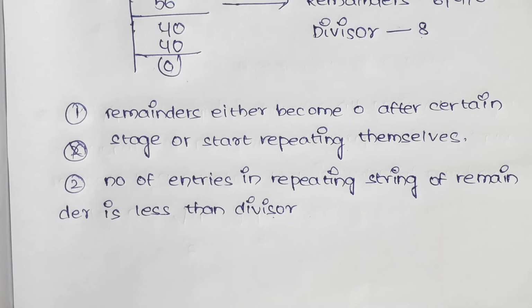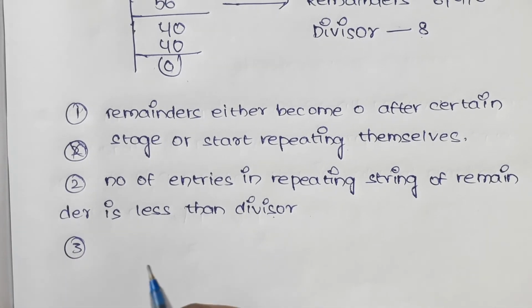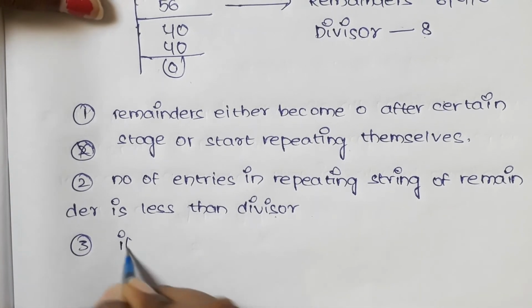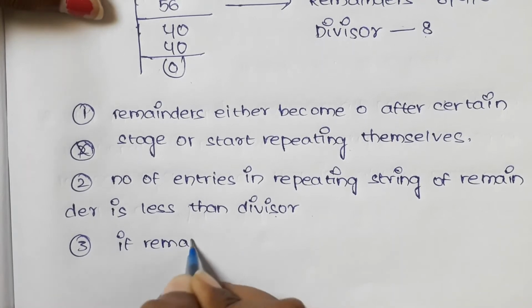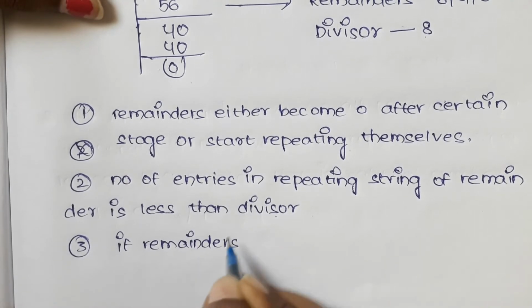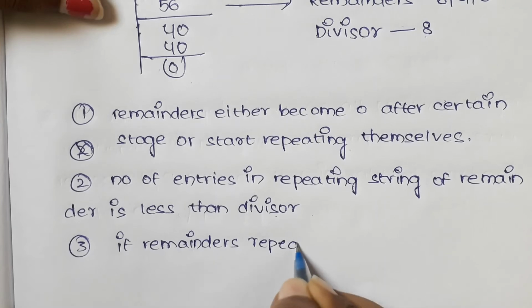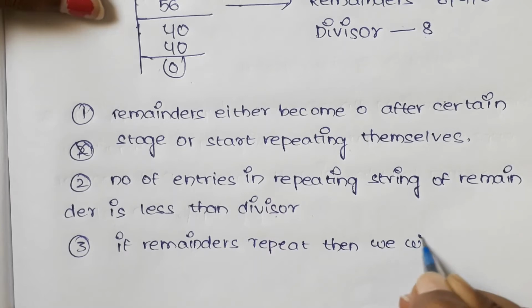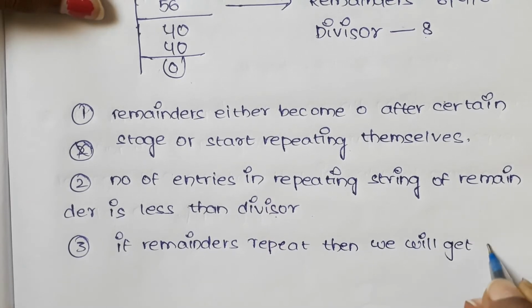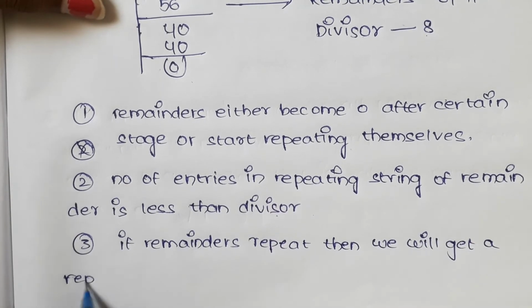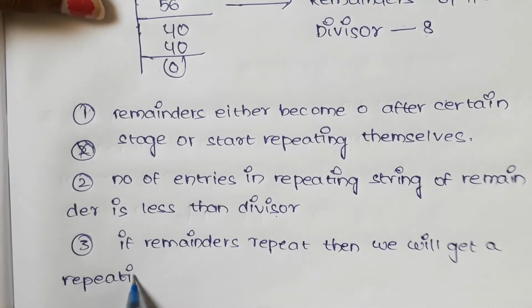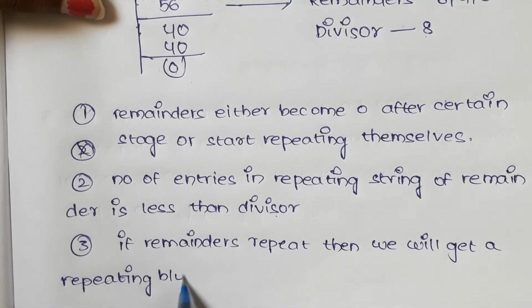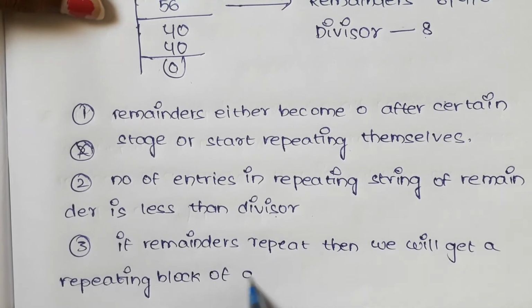Now let us see the third example. The third point, that is, if remainders repeat, then we will get a repeating block of digits in the quotient.